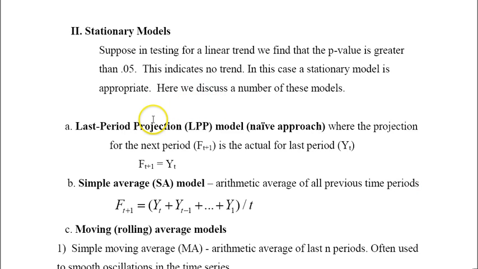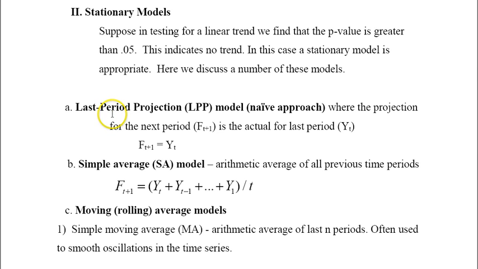So one of those models is to pick the last period projection, LPP, or sometimes called the naive approach, where the projection for the next period, ft plus 1, so that's period t plus 1, is the actual for the last period yt.